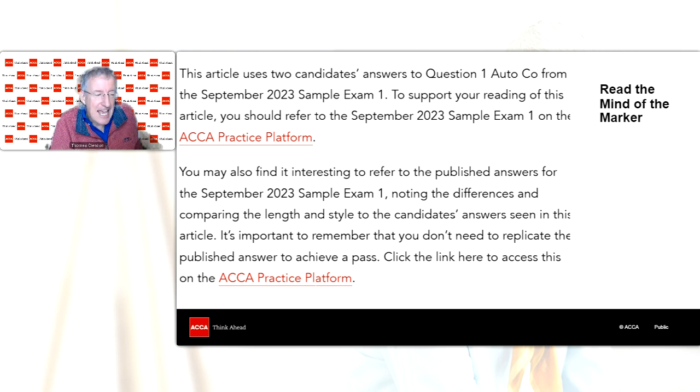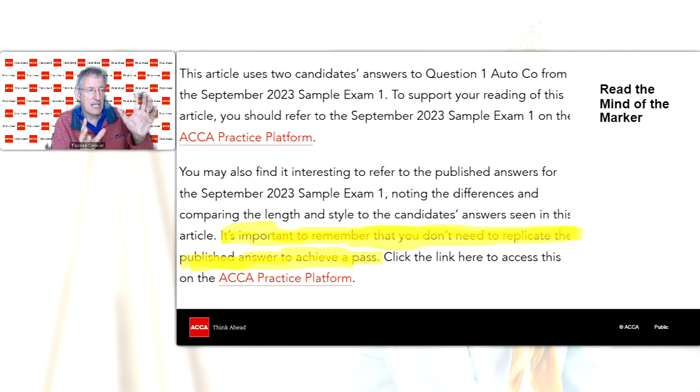Because the ACCA themselves acknowledge that it's important to remember that you do not need to replicate the published answer to achieve a pass. So they have taken 2 candidates' scripts and gone through their answers and shown how the marks were awarded in that context.